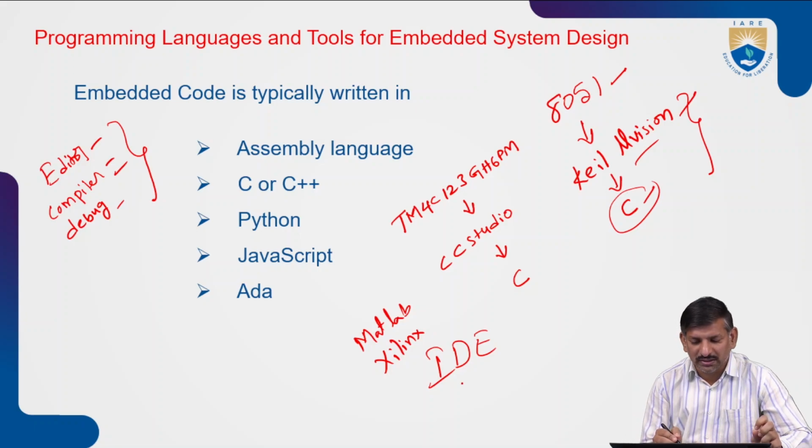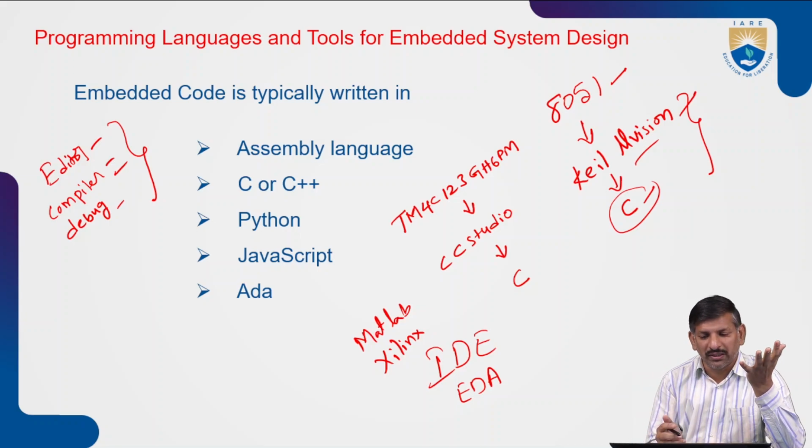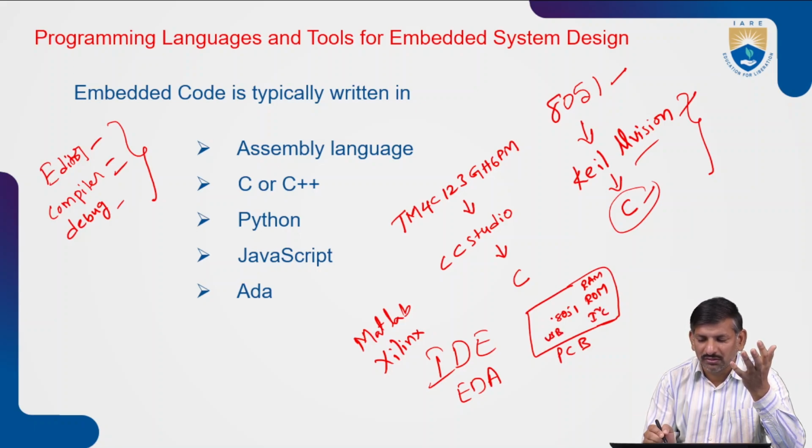Next, EDA tools. These EDA tools are used for designing the layout on the printed circuit board. Suppose this is the PCB: where do I need to fix the 8051, the RAM, the ROM, the I2C or USB, or the IO ports?